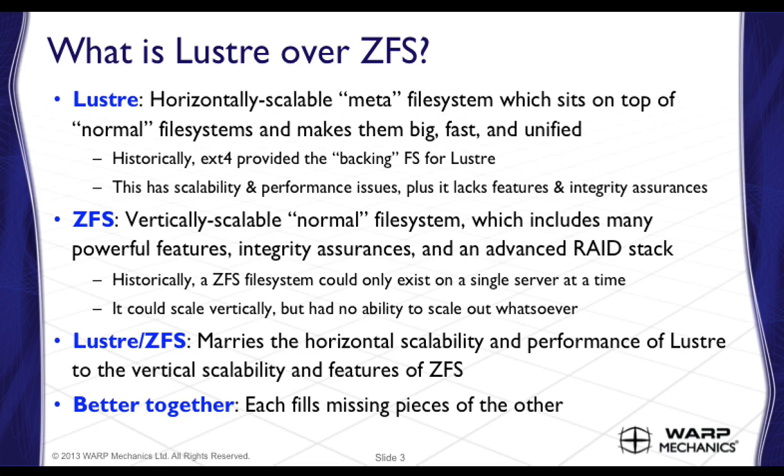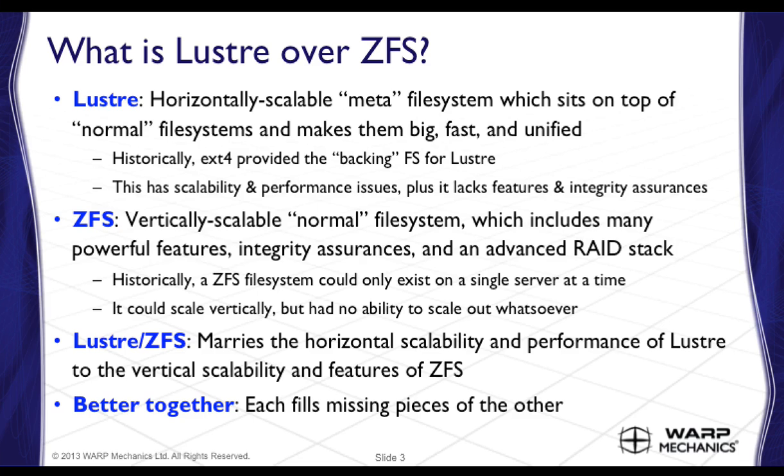Now, the cool thing about Lustre is that it provides a massively scalable solution in terms of both performance and capacity. In order to do that, it would historically build the Lustre file system on top of a large number of ext4, what are called backing file systems.